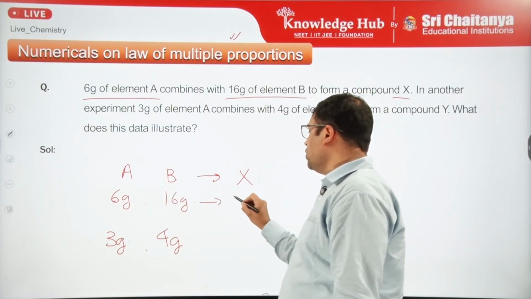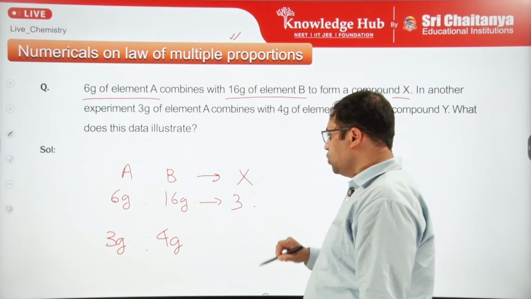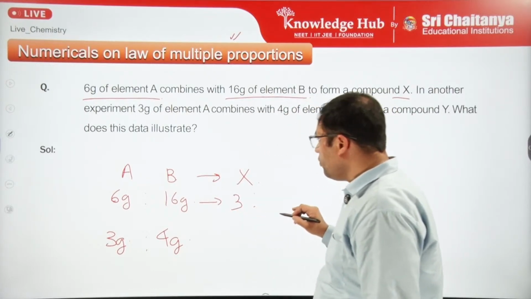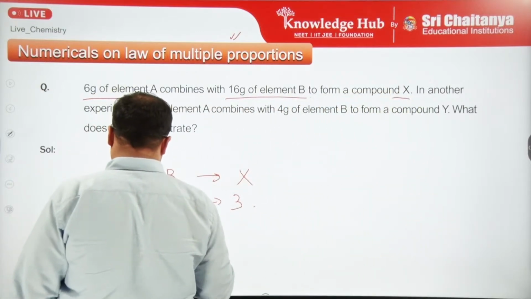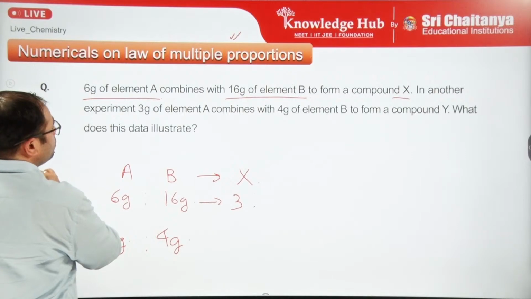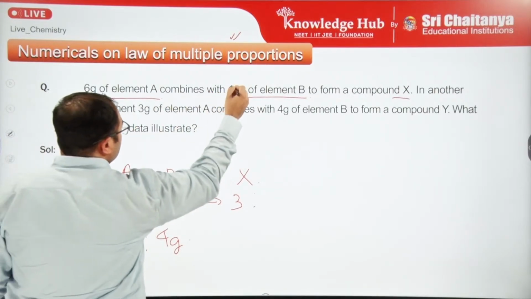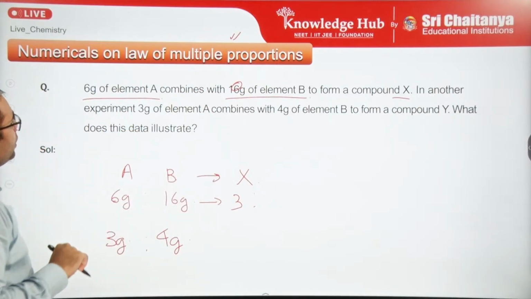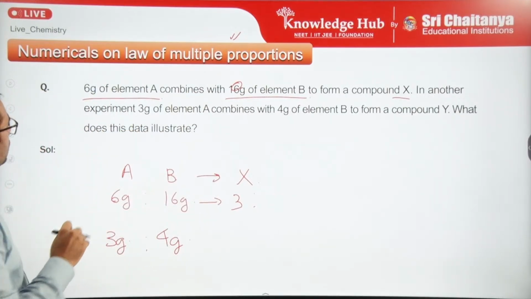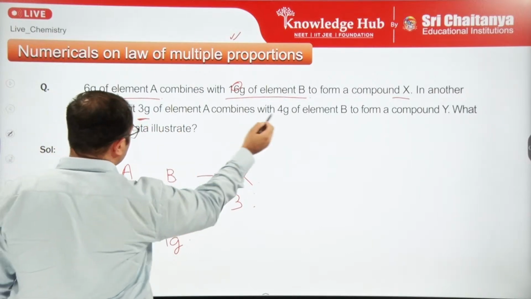If you divide it by 3, you will get 3 is to... 1 minute, sorry, okay, I feel that there is something wrong in this question. 3 is to 4.